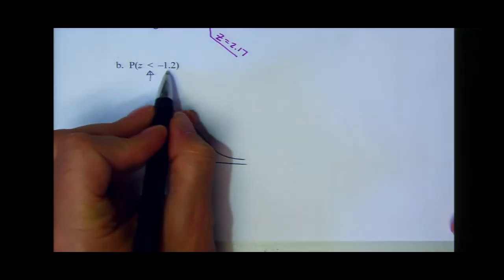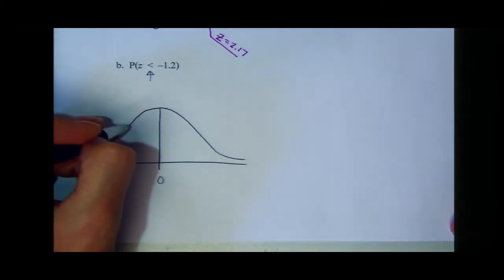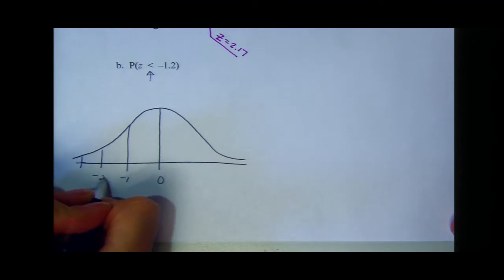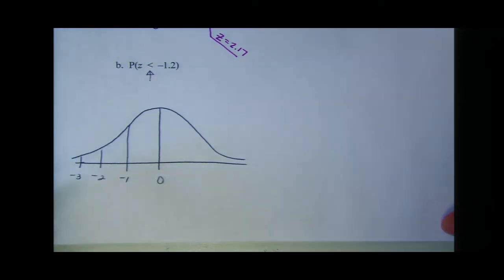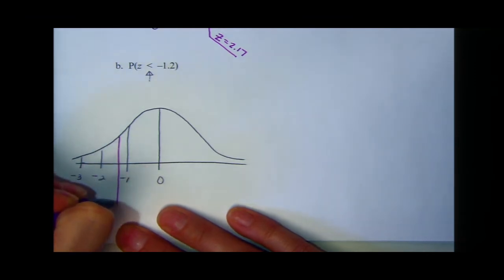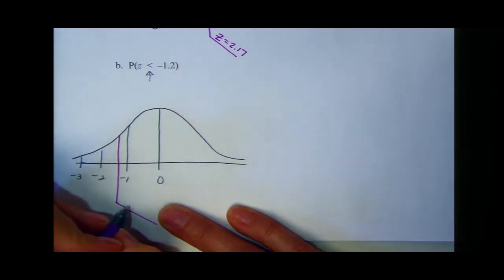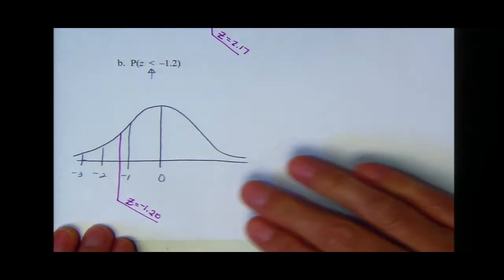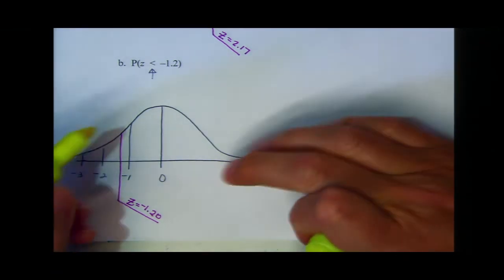So I'm going to locate negative 1.20, and less than tells me to shade all the numbers that are smaller than.